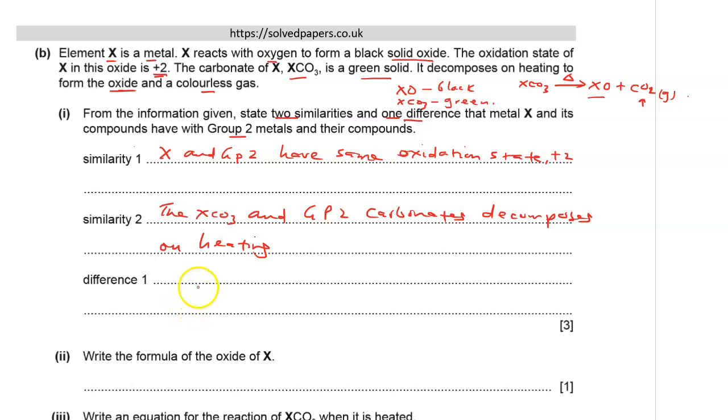The carbonate of X is colored, while the carbonate of group 2 is not colored. You can see we are told the carbonate of X is green.